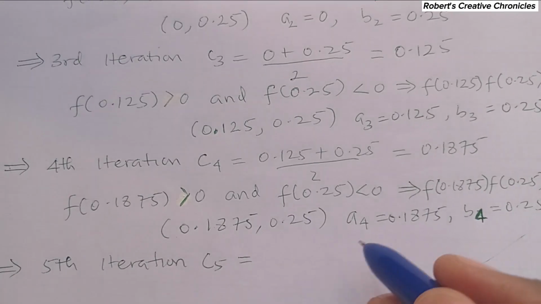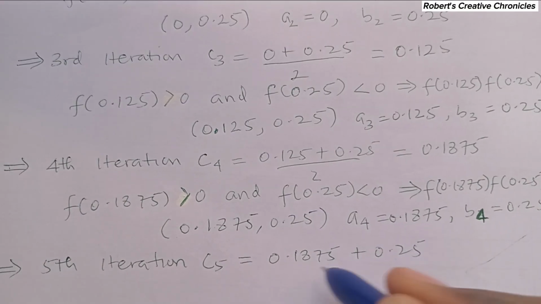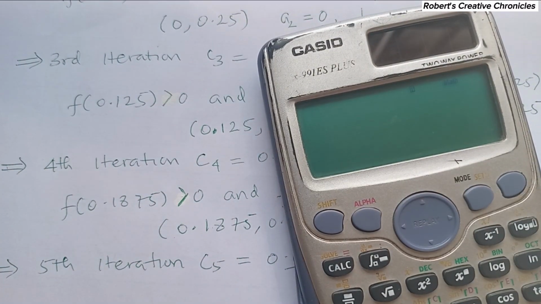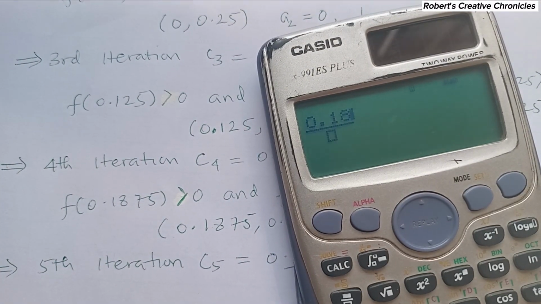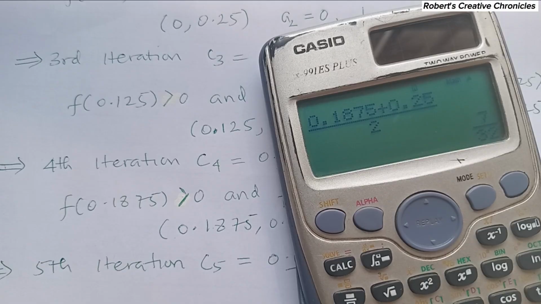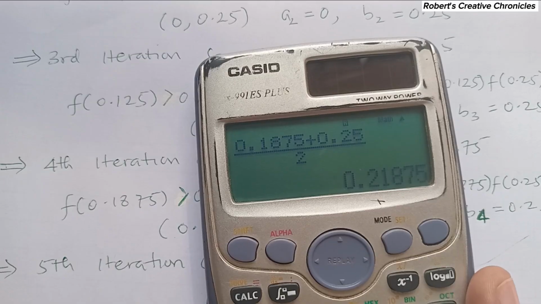C5 is equals to these two, 0.1875 plus 0.25 over 2.